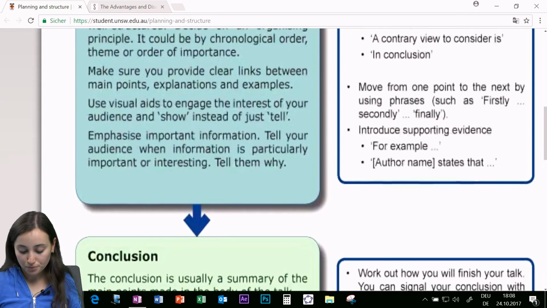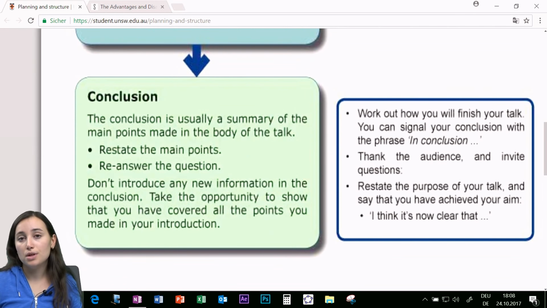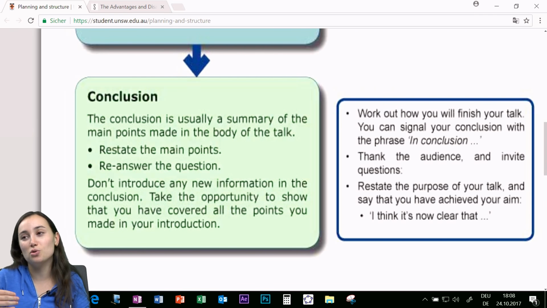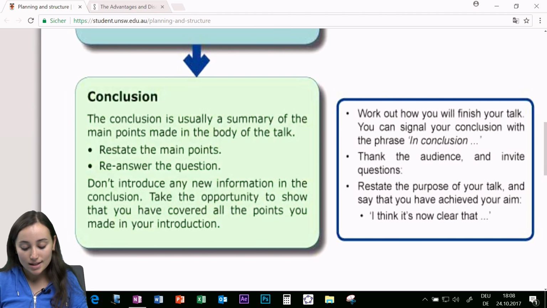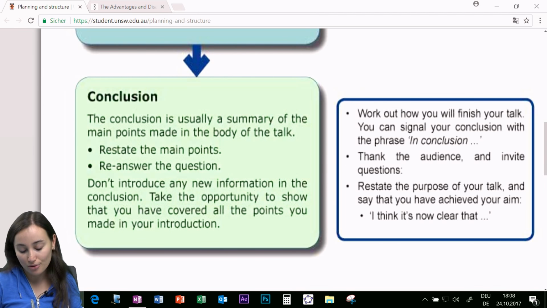So, and then we come to the conclusion, which is basically you summarize everything you said, but you try to paraphrase it, so you don't use the exact words which you said before. Of course, you have to repeat yourself, or some words which are important for the presentation.